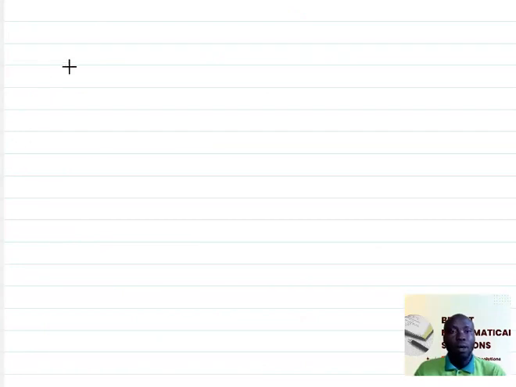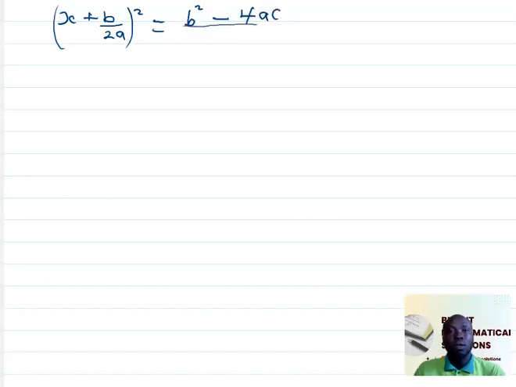So our expression will now become x plus b over 2a raised to the power 2 equals b square minus 4ac all over 4a raised to the power 2.